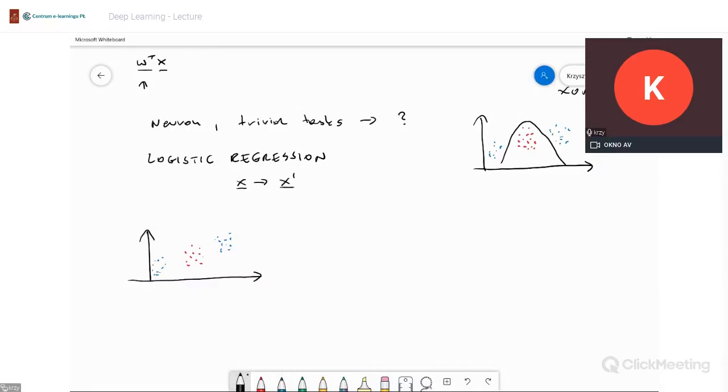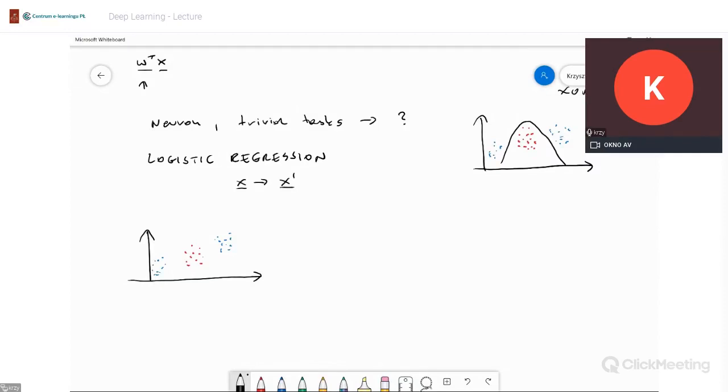So how can we solve this problem given neurons as our algorithms for data processing? The first thing I'm recalling, obviously you see that there is no single line that I can draw to correctly separate these samples.